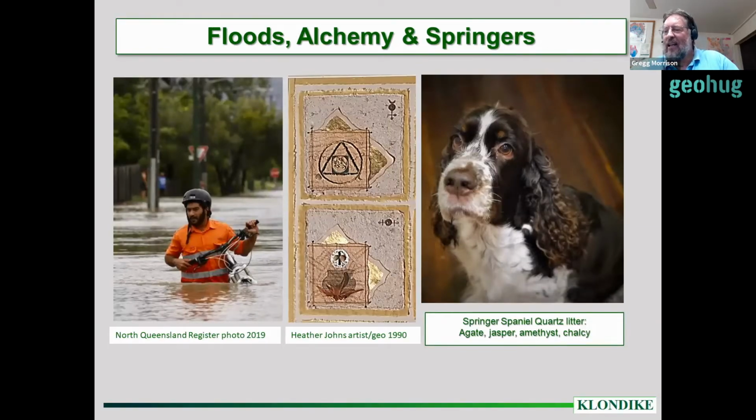So we got into this story through floods in Alchemy and Springers. Originally, when we had an industry funded project at James Cook University, I took one of the students out to Woolgar, west of Townsville, in January, and we got stuck there in the floods. And so we thought, well, we're here in the camp, we can do something useful. So we logged all the core that we could get access to. In doing that, we realized there was a systematic pattern in the various veins as to where the good stuff was.